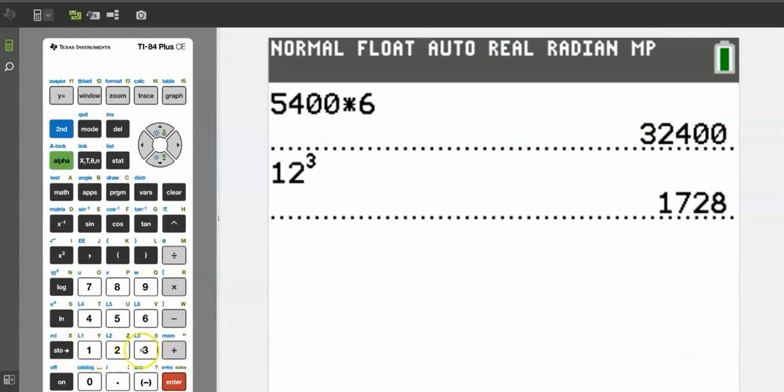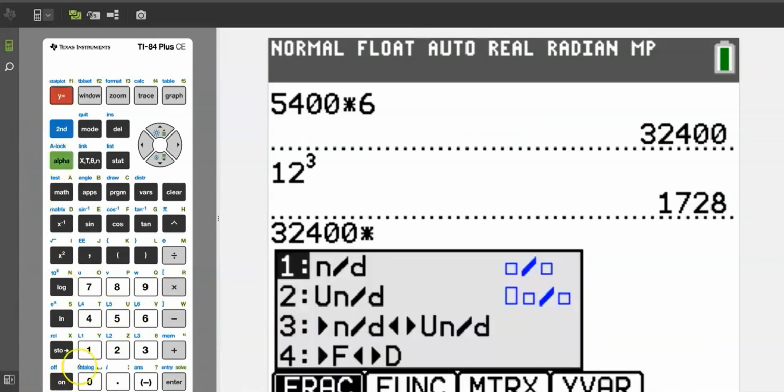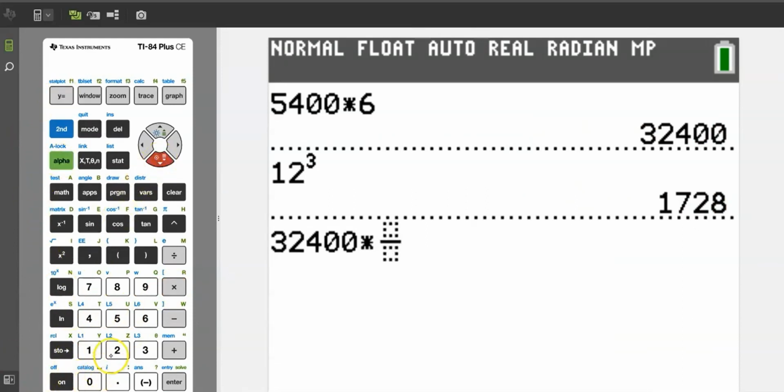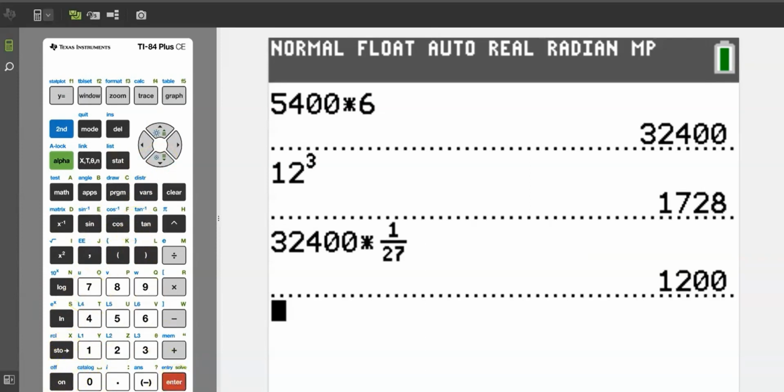So take this 32,400 times 1 over 27. I didn't put the 1 in there for some reason. 1 over 27. Enter. There's how many yards cubed we have. Okay?